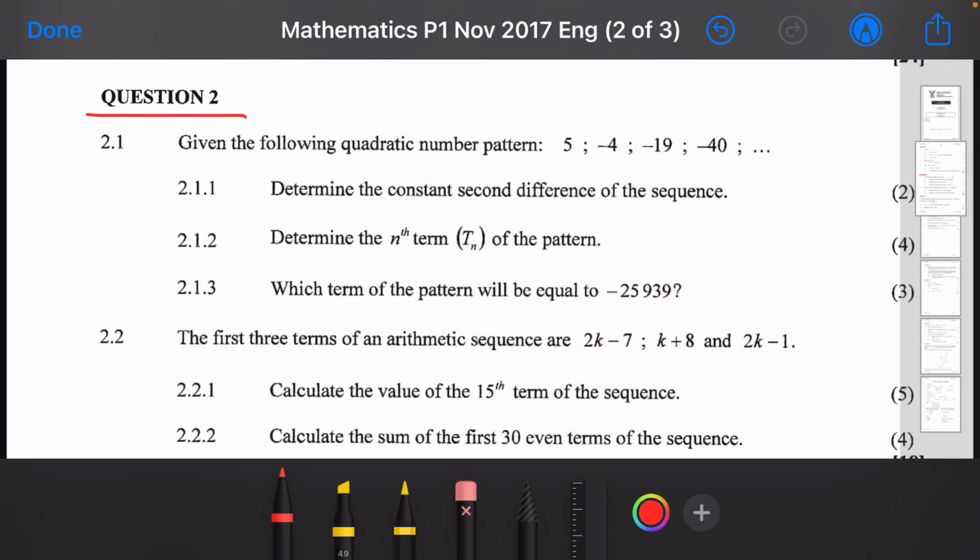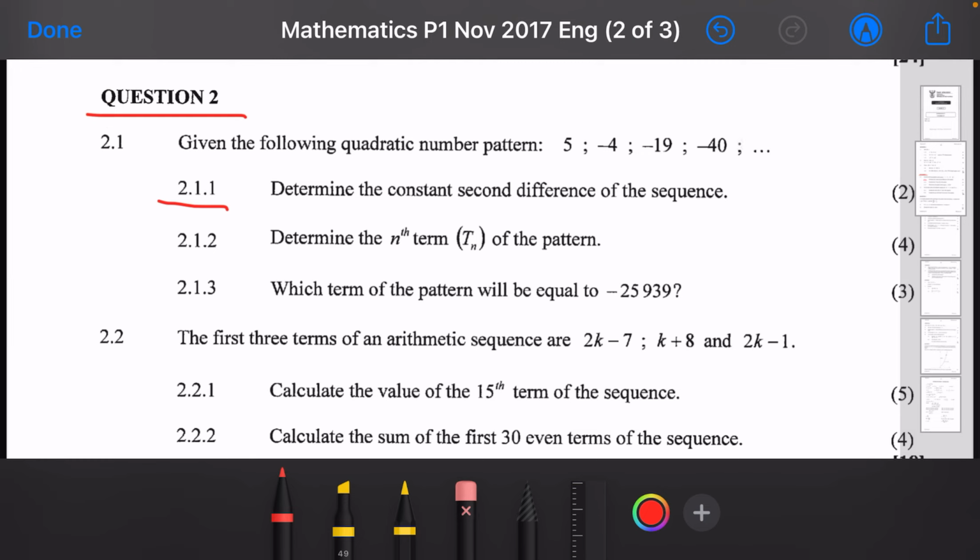Let's now start with question 2.1. We're given a statement over there. They say: given the following quadratic number pattern. Guys, it's massively important to know the type of the pattern given. In this case it is already indicated that you're given a quadratic number pattern.